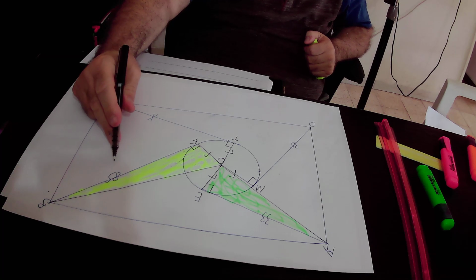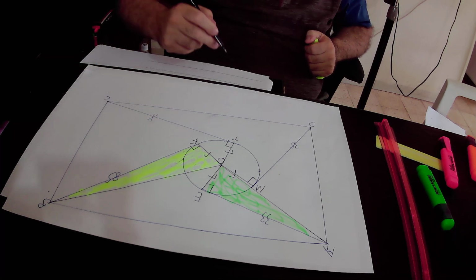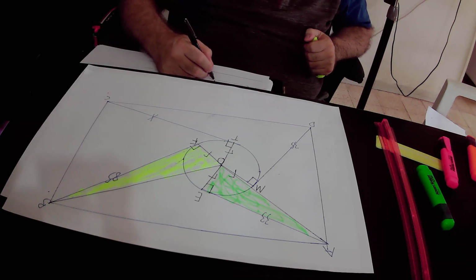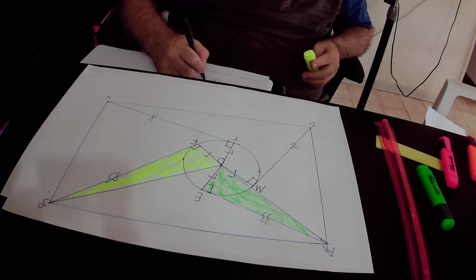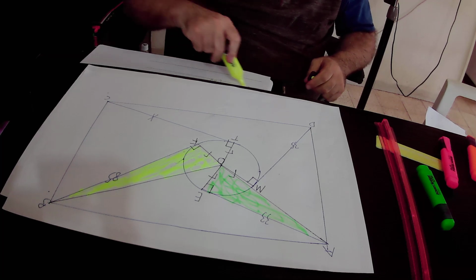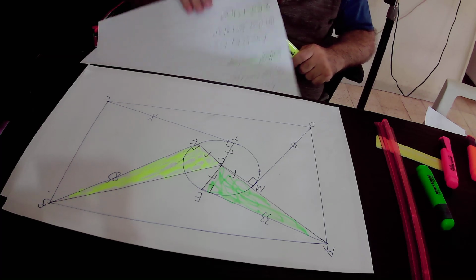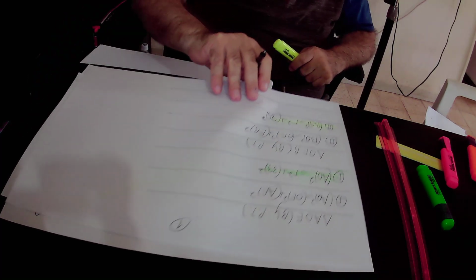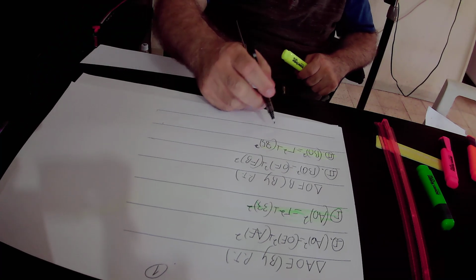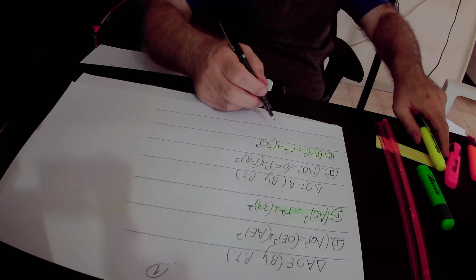FB equals 85 units according to what is given, therefore FB squared is 85 squared. So in conclusion, according to equation number 2, BO squared equals R squared plus 85 squared.